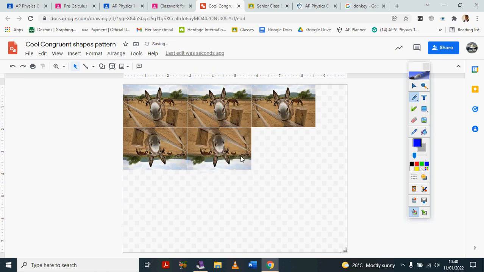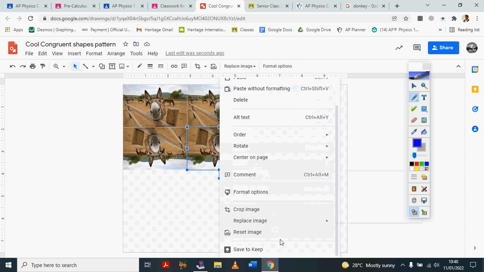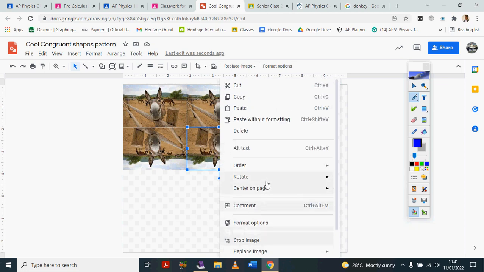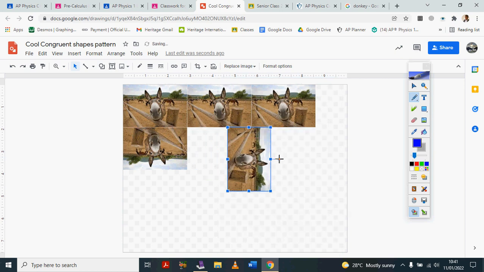What do I mean by reflected? So this one, let's see if I can reflect this. So I can rotate it, or some of them I want them to be flipped, and some of them I want them to be rotated.